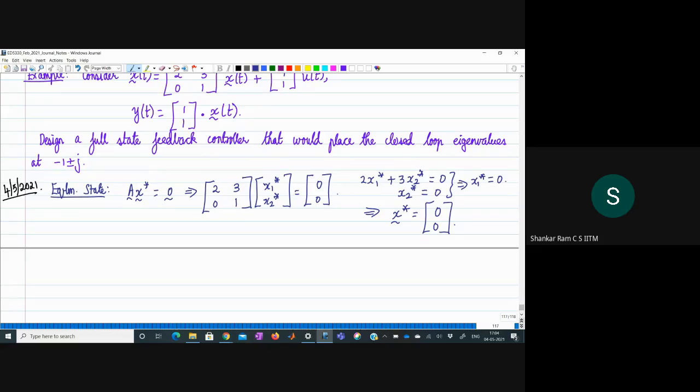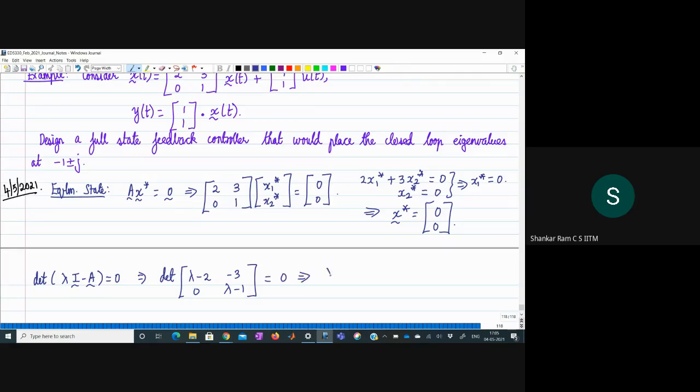Once we identify the equilibrium state, we need to comment on the stability of the equilibrium state. How do we figure out the stability? We find the eigenvalues of the state matrix. If we solve determinant of lambda I minus A equal to 0, what would we get? We would get determinant of [lambda minus 2, minus 3; 0, lambda minus 1] to be equal to 0.